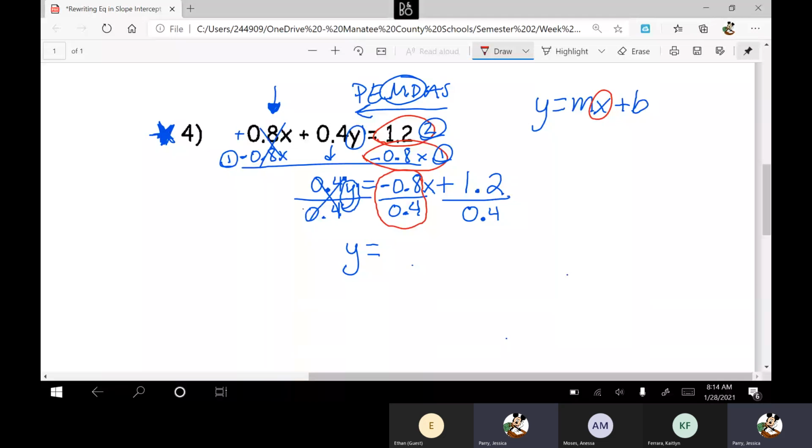Type it in the chat. I'm telling you to use your calculator, because on the exam, if you have decimals, 99% of the time you're going to be able to use a calculator. So I want you to practice with that calculator too. Plug it in. Tell me what you get.